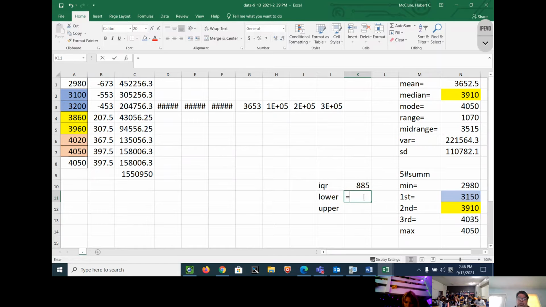And then the lower is equal to the first quartile minus 1.5 times the interquartile range. And the upper is equal to the third quartile plus 1.5 times the interquartile range.